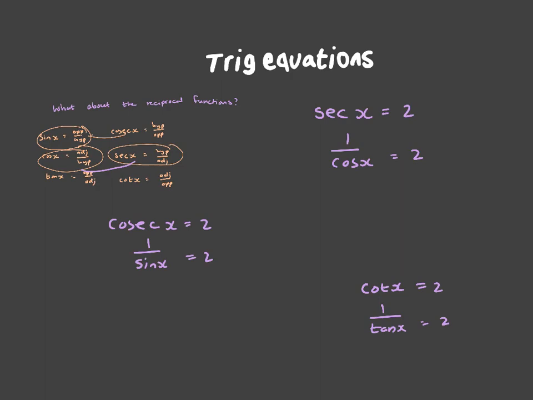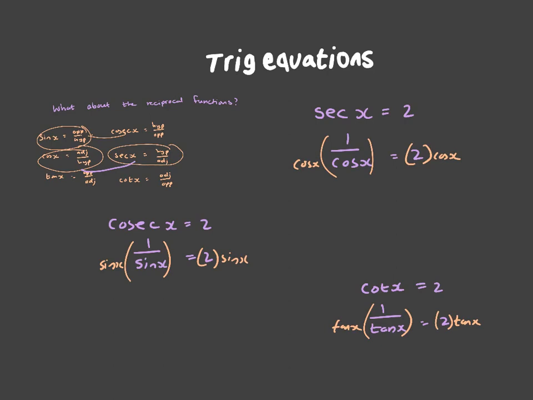So what do I do now? I don't want cos x on the bottom, so I need to multiply cos x on both sides here, right? So multiply cos x there, and also multiply cos x there. In a similar sense, I'm going to multiply sine x on both sides, and I'm going to multiply tan x on both sides.